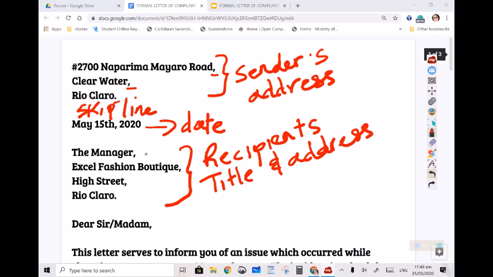So in this case we are sending it to the manager, and then we have the name of the establishment and the address of the establishment separated. We are separating the street from the city, so we are making sure to have everything outlined properly.